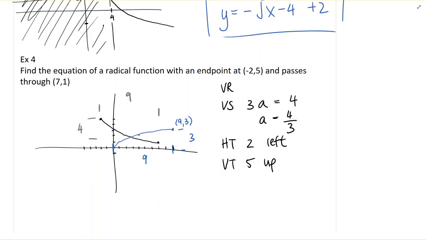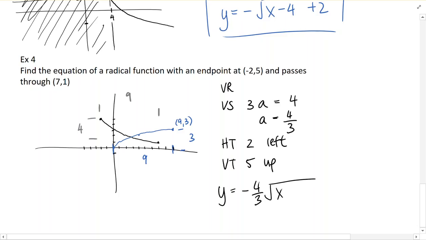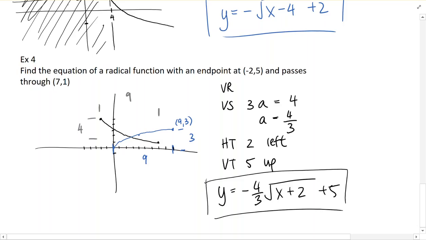So now with all my transformations done, I can write out that my function is negative, that's my vertical reflection, 4/3, that's my a, or vertical stretch. There's no b, so it's just x, and it's 2 to the left, so it's +2, 5 up, +5. And here is one possible solution. My challenge to you is to work on the same question and find out what's another possible equation that will fit the same scenario. And that's it for 2.1.